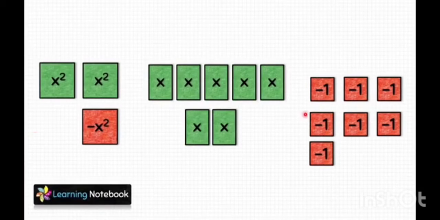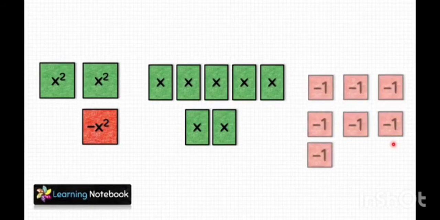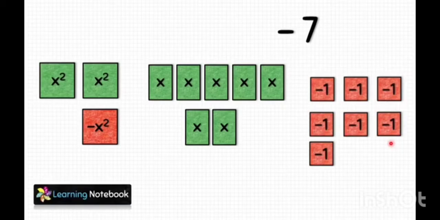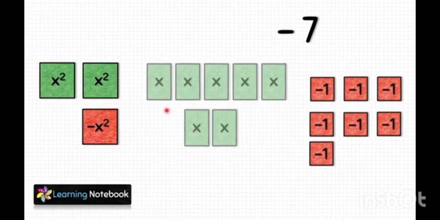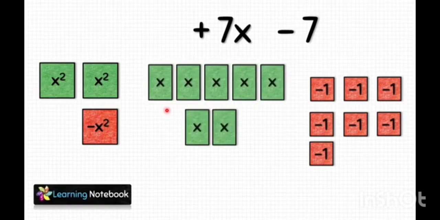Now let's count the like terms. So here we have 7 red small squares, which means minus 7. Next, count the next like terms and we have 7x. Then in the next term, first we have to cancel the red and green cutouts.